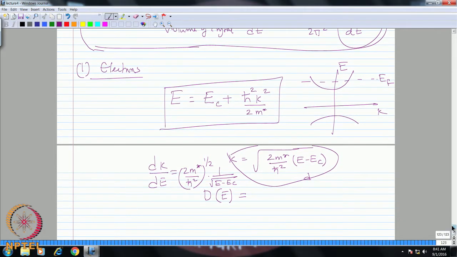So, you are converting everything from k to E. There is a 1 by 2 missing here, right? Okay.